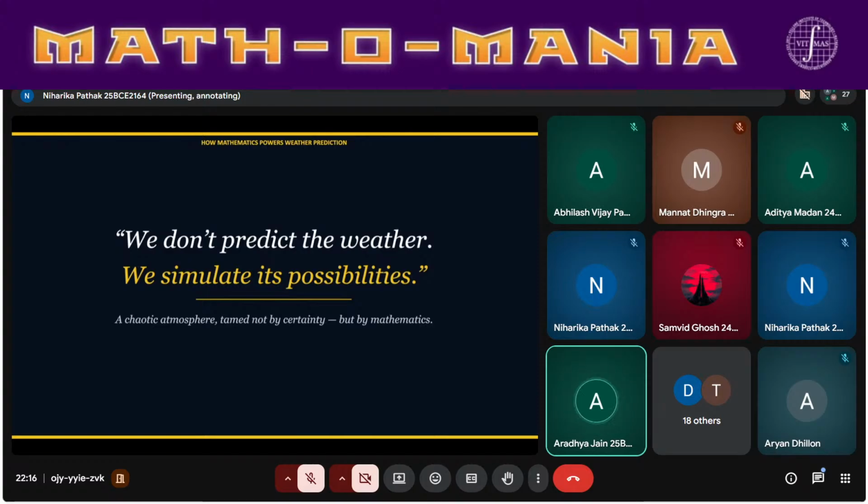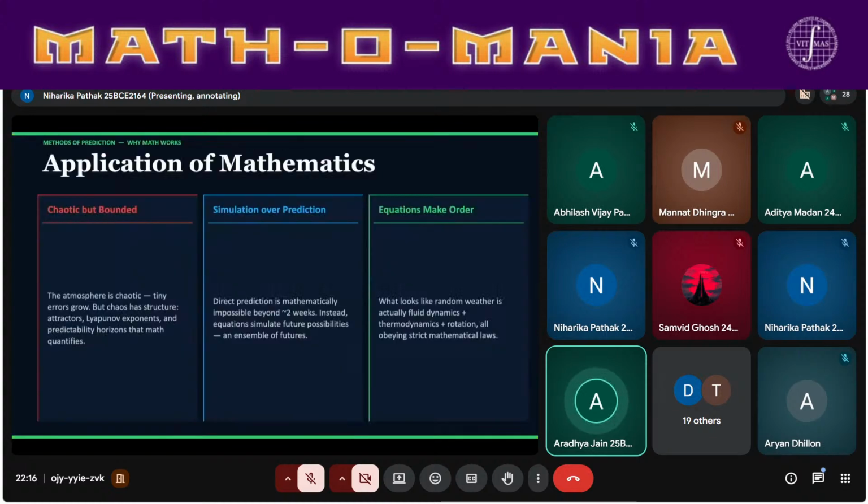Since the atmosphere is very chaotic, and not even the initial conditions make a huge error, each chaotic structure has some mathematics behind it, which we will understand from the methods of weather prediction. So in the current days we use these methods.